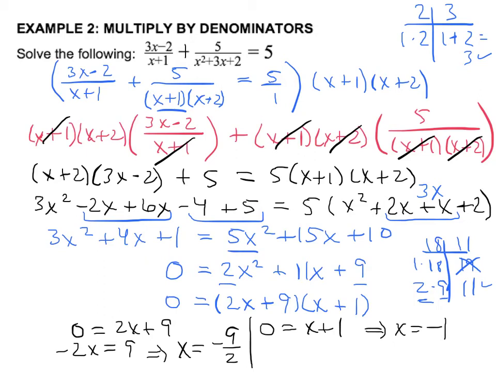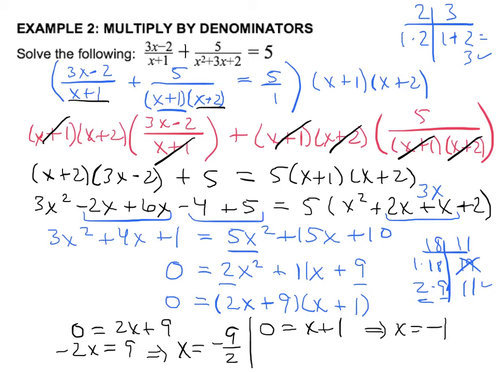So those are our possible solutions, but remember we said that that's not necessarily going to be true for both of them, that both of them are going to be real solutions. And we can test this by plugging each one in. So it looks like we only get issues when this denominator is 0, so if x were negative 1, and if x were negative 2.